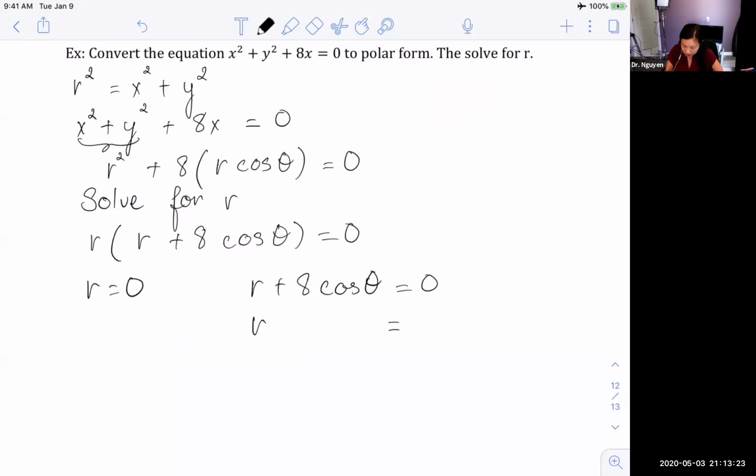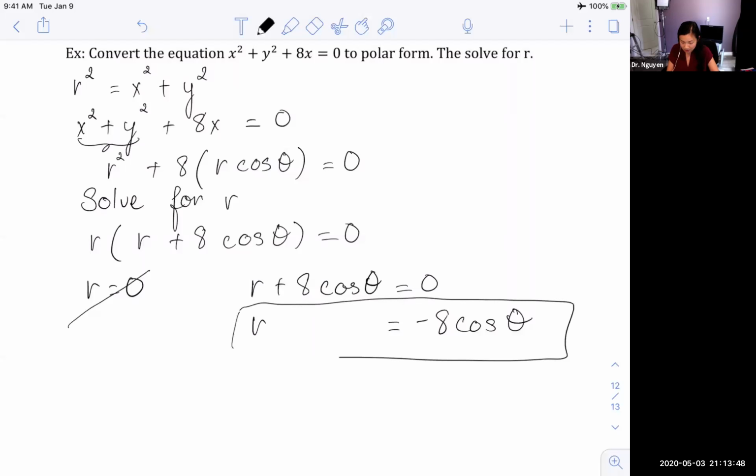So r is negative 8 cosine theta. Now, note that the graph of r equal to 0 is the pole, and the pole is included in the graph of r equals negative 8 cosine of theta. So we can just disregard r equal to 0. So we have that for the solution. All right, so that's how you solve for r.